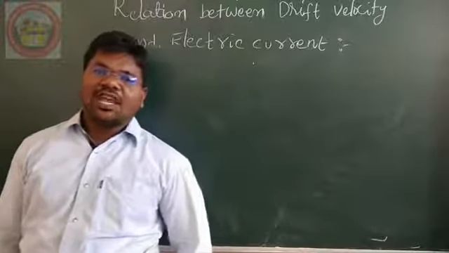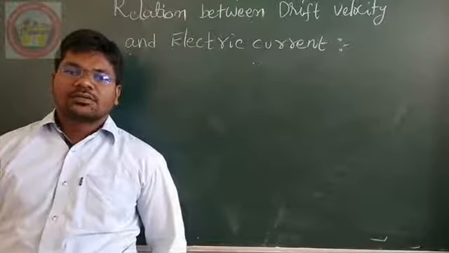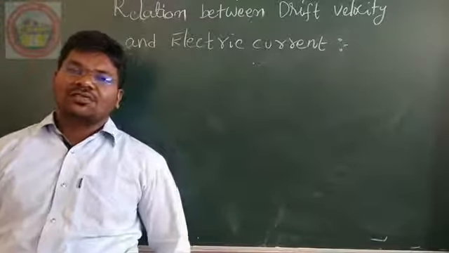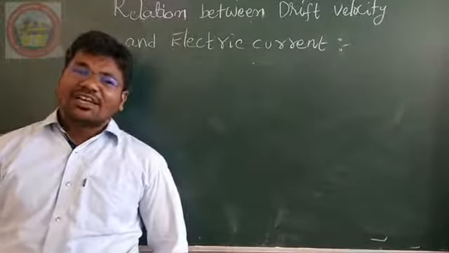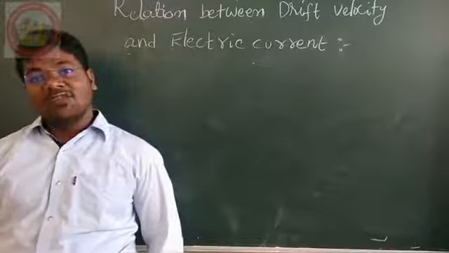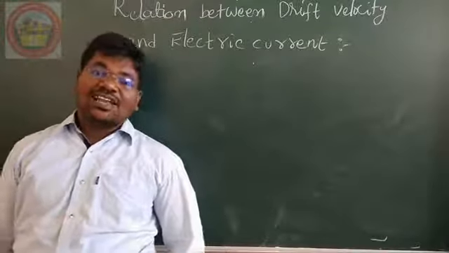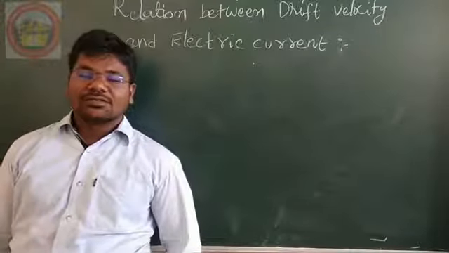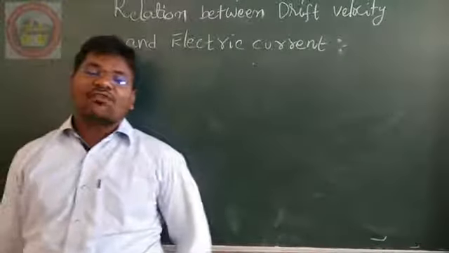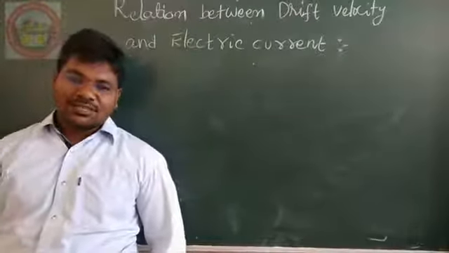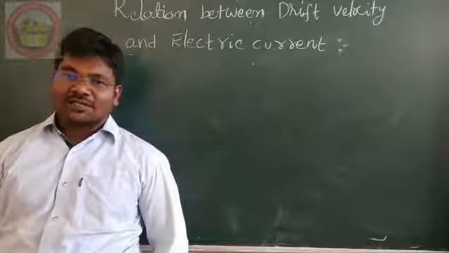So what is drift velocity? The average velocity of all electrons or all charges inside the conductor under the influence of an external electric field. Coming to what is current, we know that the rate of flow of charges per unit time is called electric current.